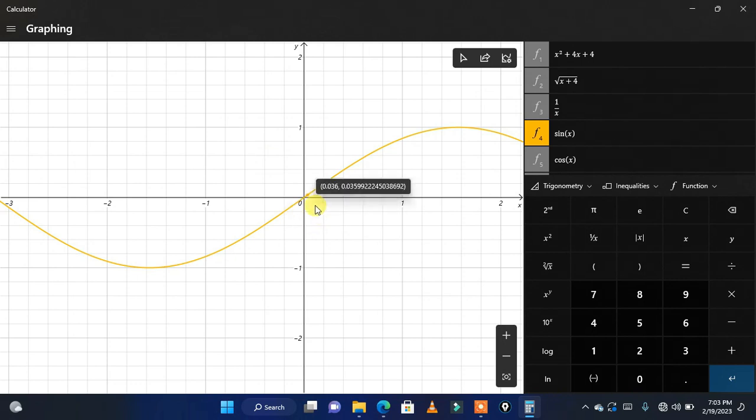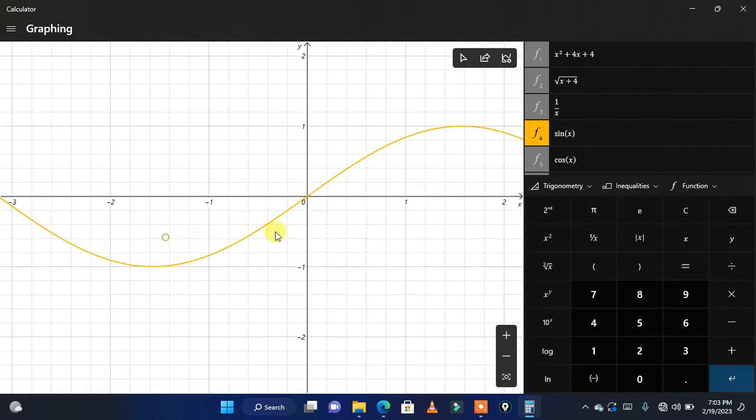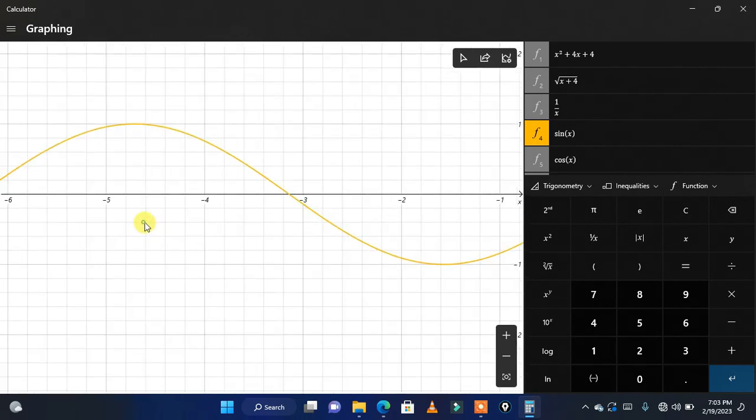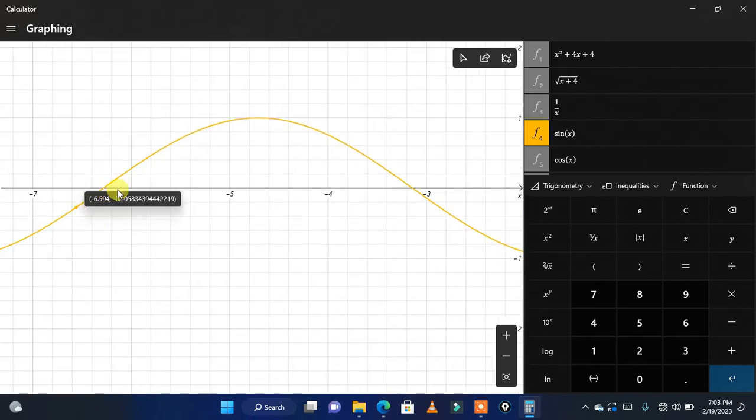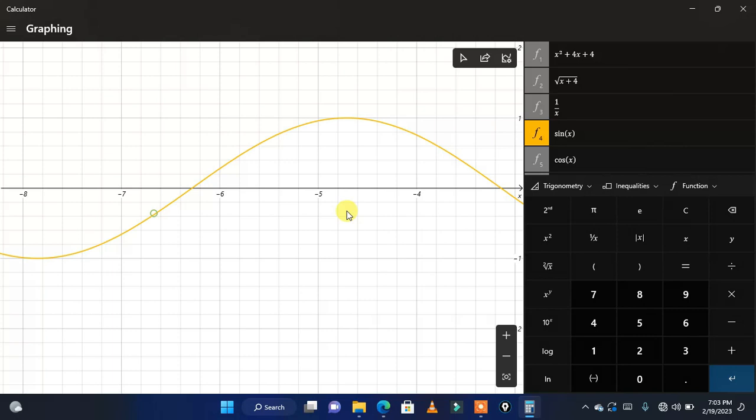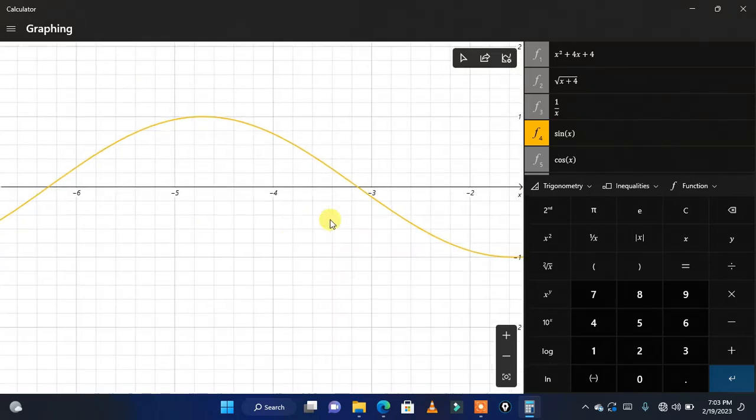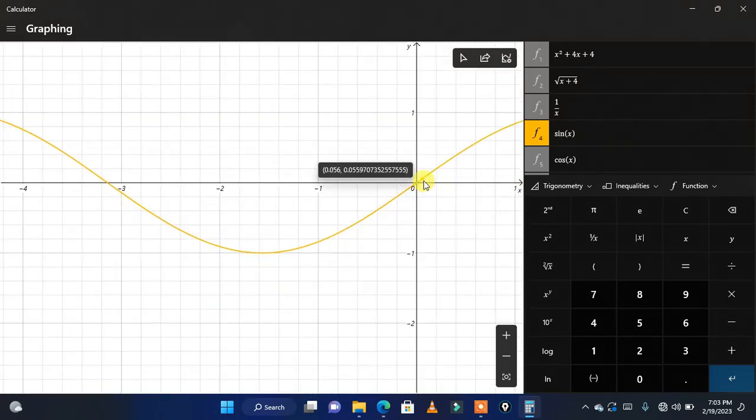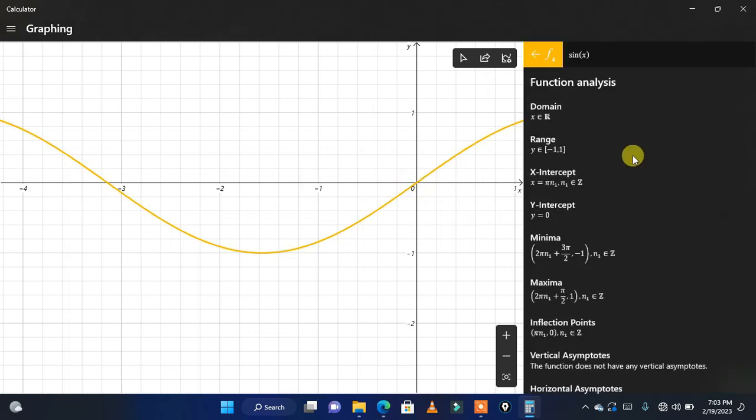You realize that the domain moves from certain values of x going up, going up, going up, and we don't know where it even starts from. So it means that the domain should be the set of all real numbers, right?